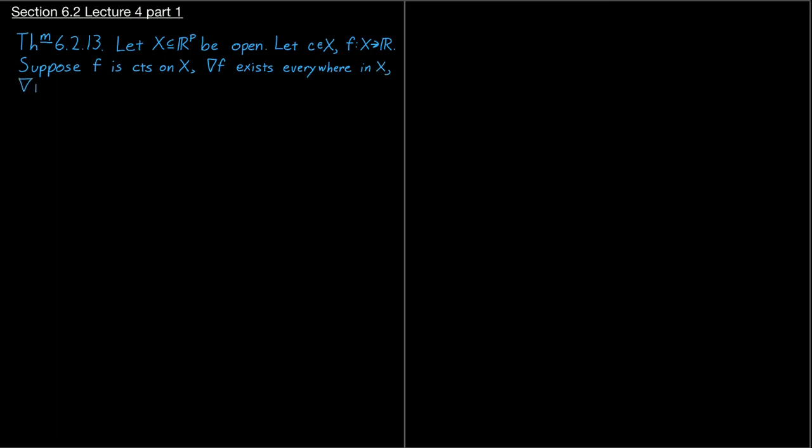We can get away with just the gradient of f being continuous only at the point c. We don't need to insist that the gradient is continuous everywhere, but we do need it to exist everywhere. Then the linear operator df of c, in our strange new definition of derivative, exists.